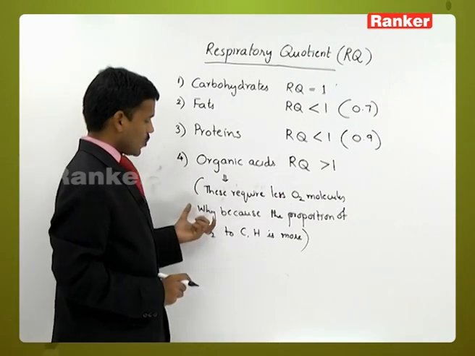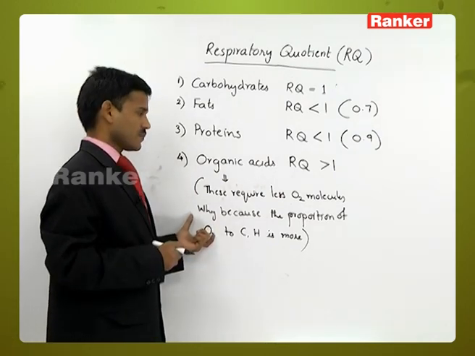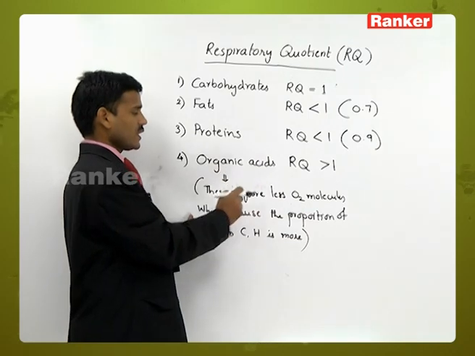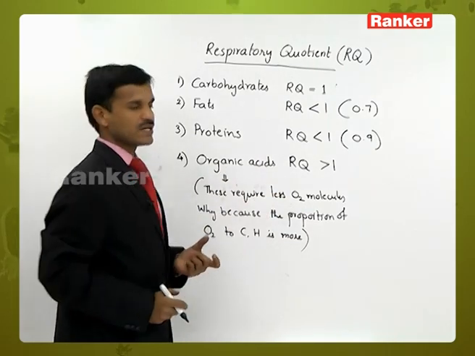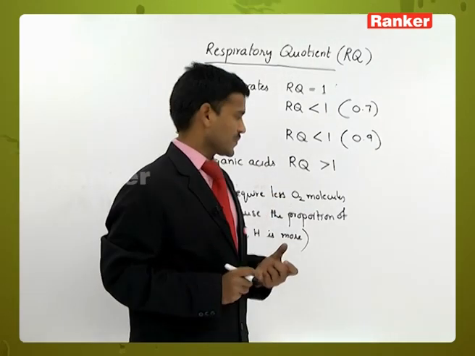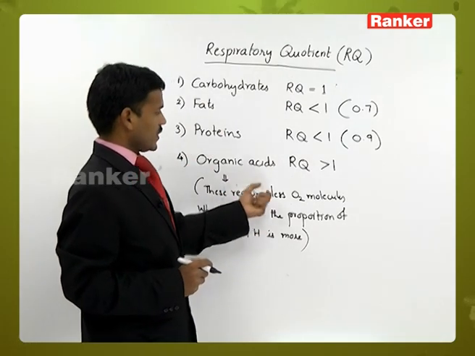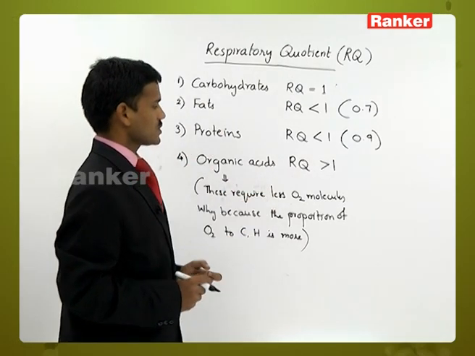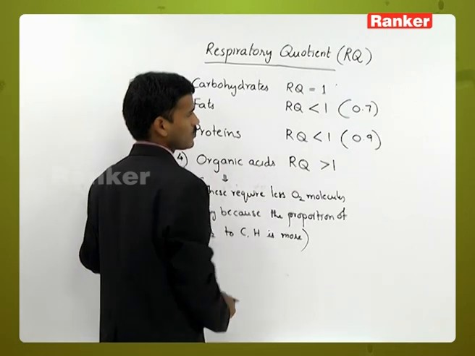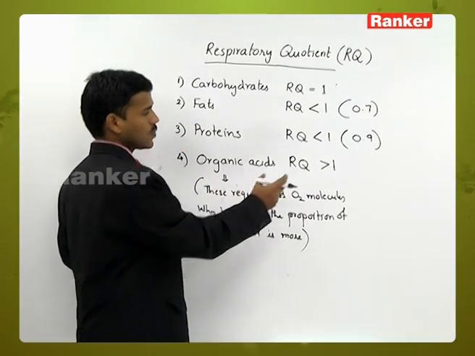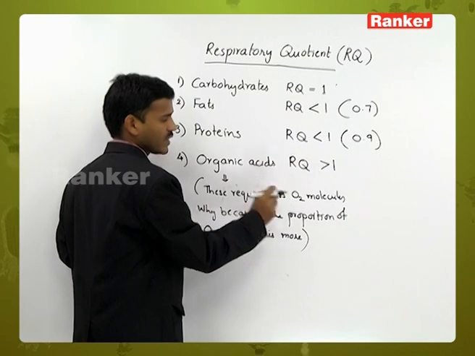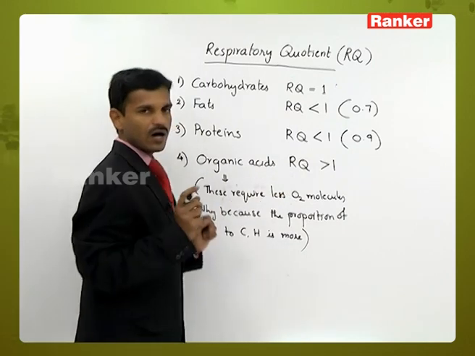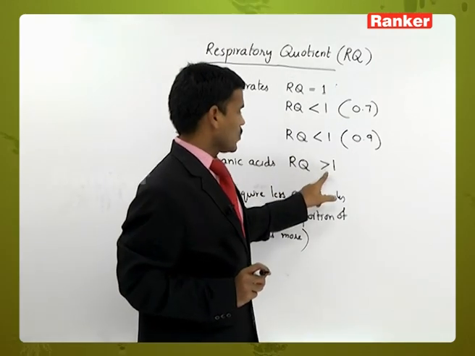That's why they require very little oxygen for oxidation, for respiration. So if very little oxygen is consumed, the RQ values are higher. Carbon dioxide is released, but very little oxygen is consumed. So the RQ values are more than 1.